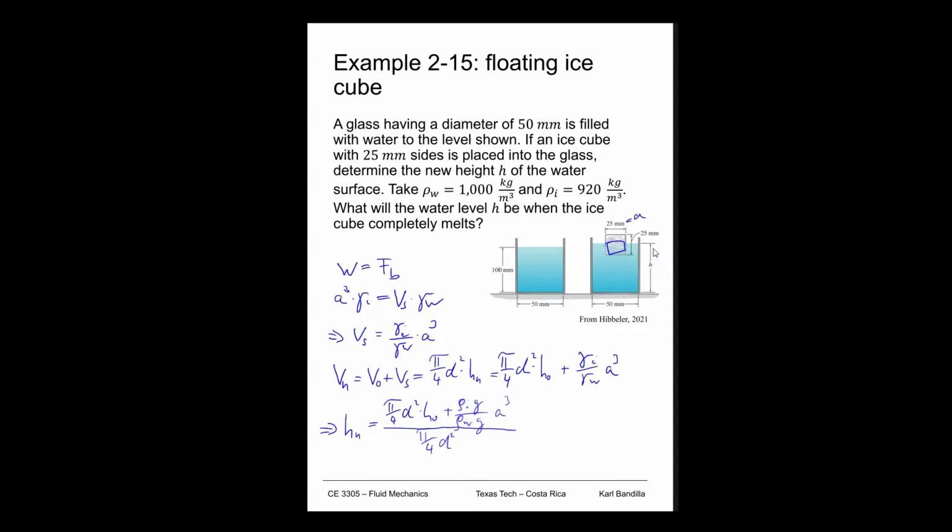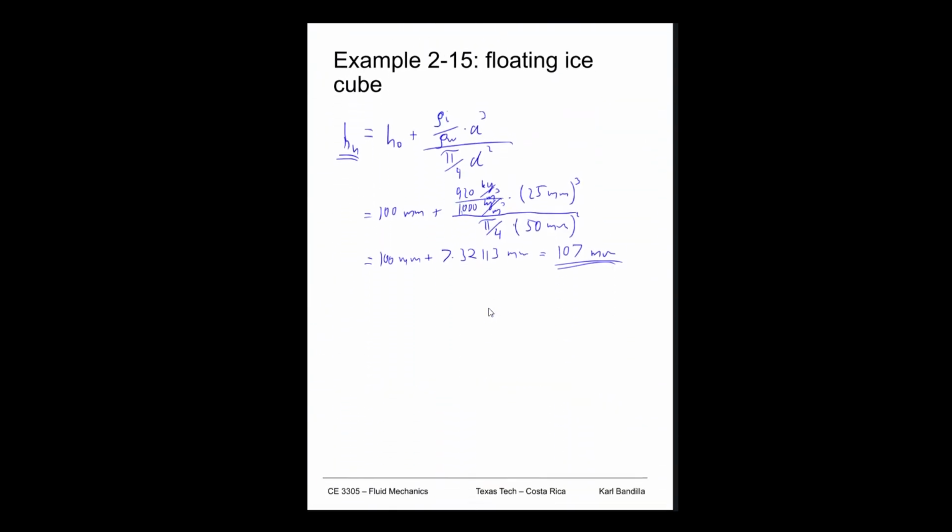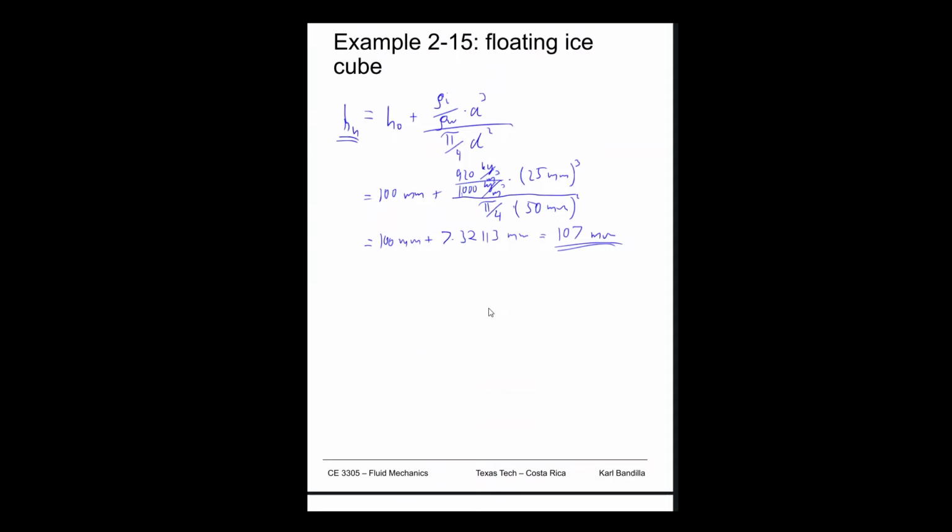That's our Hn. Now the question also is, what will the water level H be when the ice cube completely melts? So what happens if the ice melts? To figure that out, we'll start by figuring out the mass of H2O that we added. We know that the mass is going to be conserved, so the mass is the cube volume times density of ice.